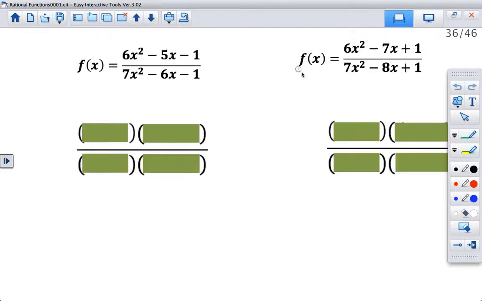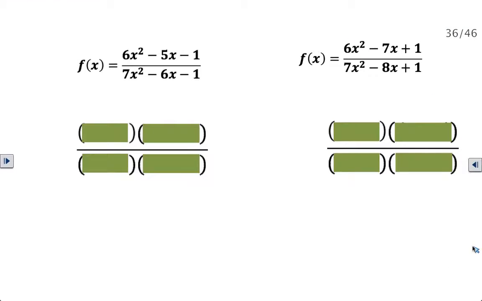Okay. All right, so the next problem, we have these two formulas, and again, we need to factor them. It'll help you if you remember to first figure out whether your signs are going to be negative or positive.